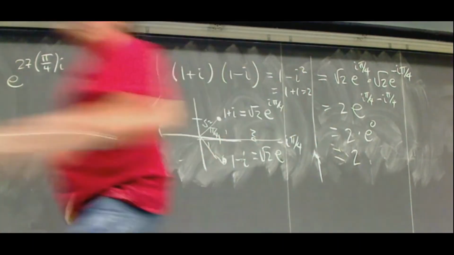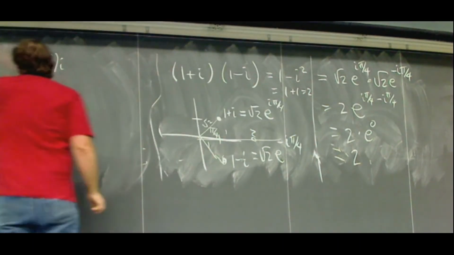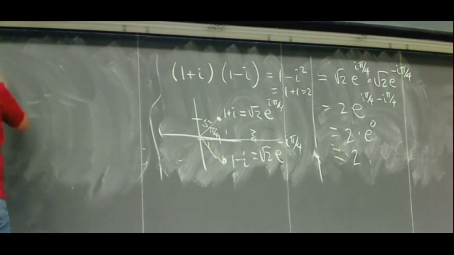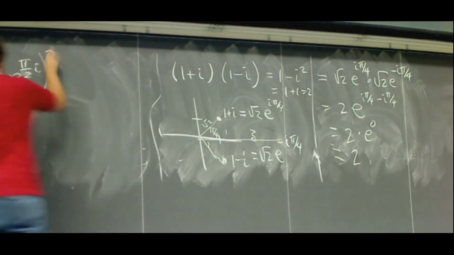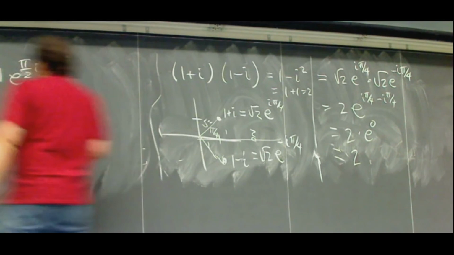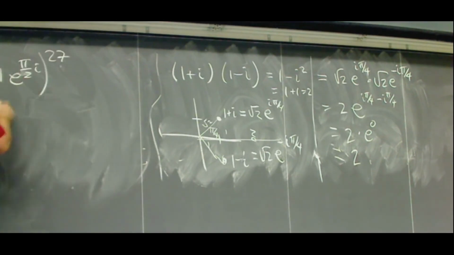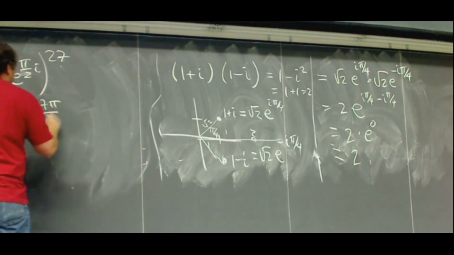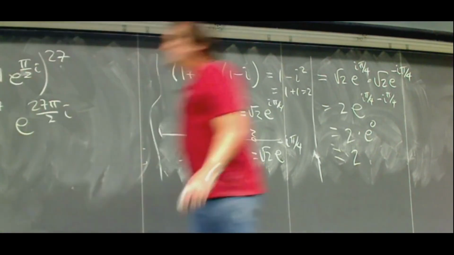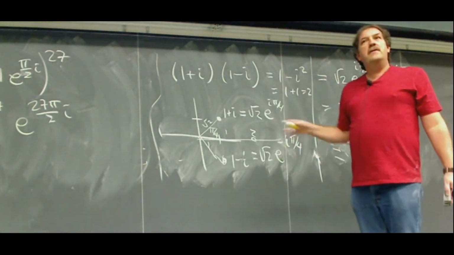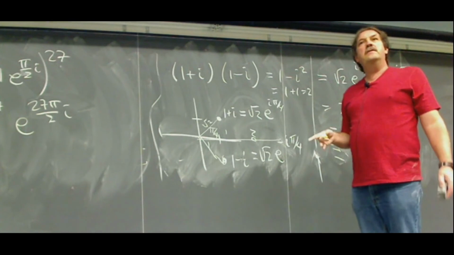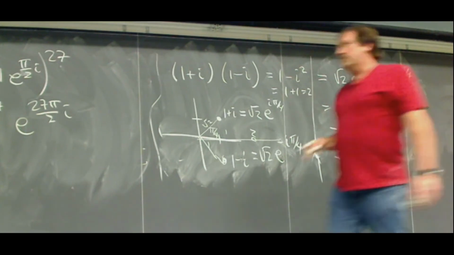Right? Maybe I should put an intermediate step. I'm sorry. I to the 27th is 1e to the pi over 2I, all to the 27th power. So that's 1 to the 27th, e to the 27 pi over 2I. So if I want to do 27 quarter turns, that means I did 6 full turns plus 3 more quarter turns.